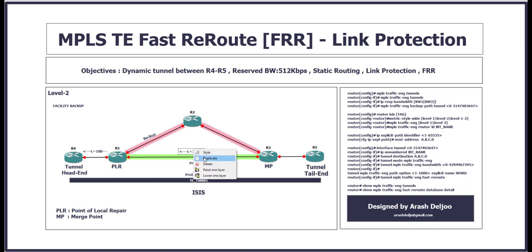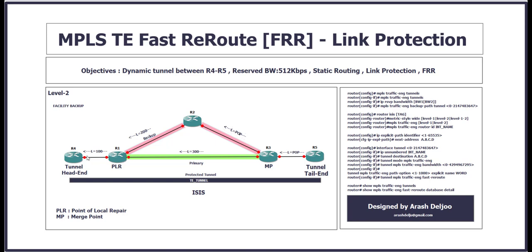And from router 5, we receive the pop label. And because we have another tunnel here, we receive another label from router 2 in router 1, the PLR, the label 200, and from router 3, we receive the label pop. This is the behavior of the primary tunnel and also the backup tunnel.